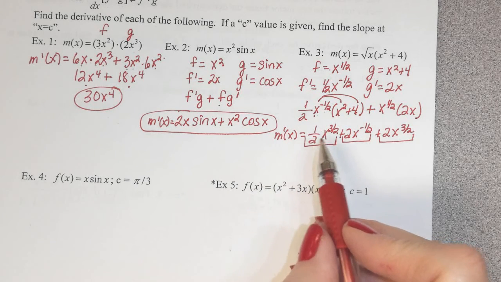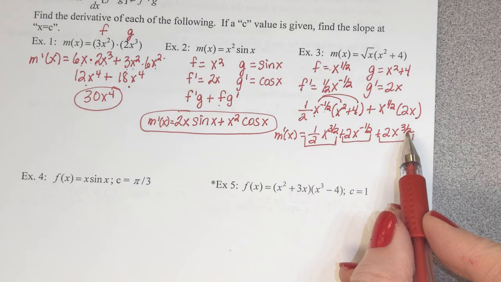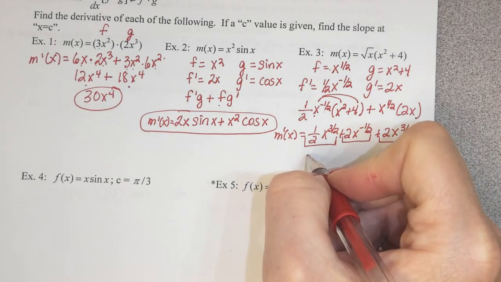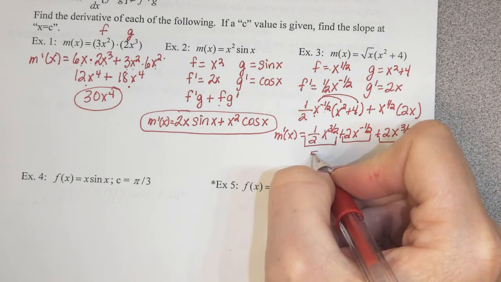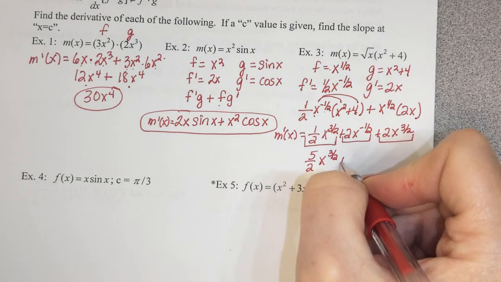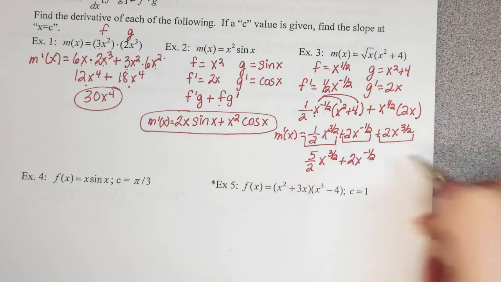Okay, so what's 1/2 of these plus 2 of these going to be? 2.5, right? What's another name for that? 5 halves. So I'm going to have 5 halves x to the 3 halves plus 2x to the -1/2.